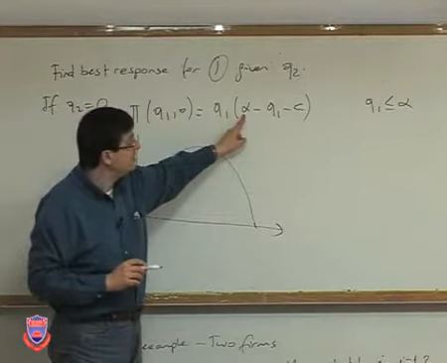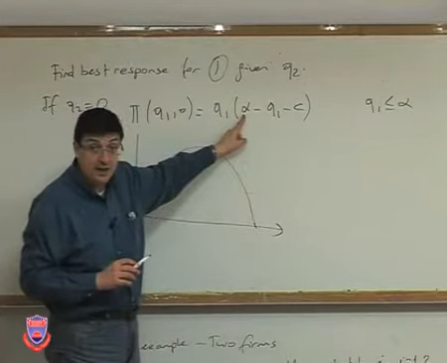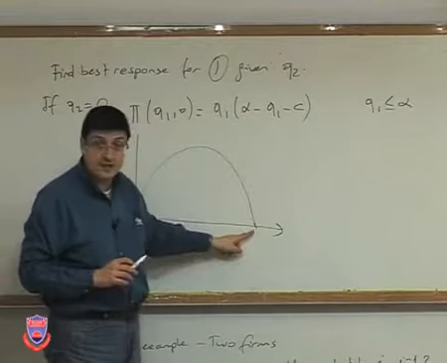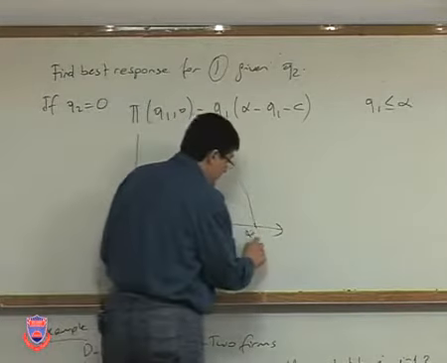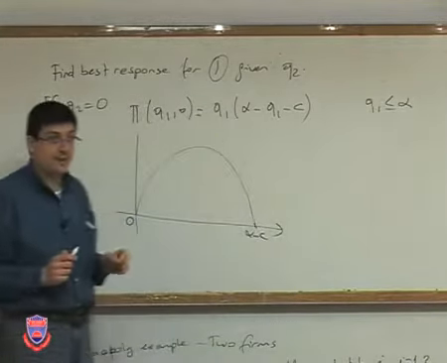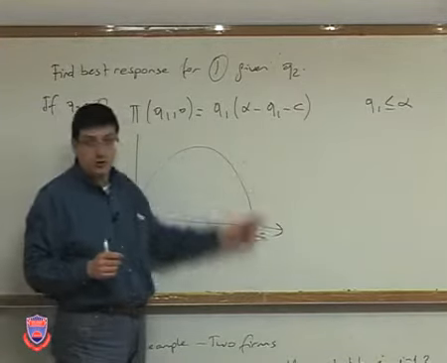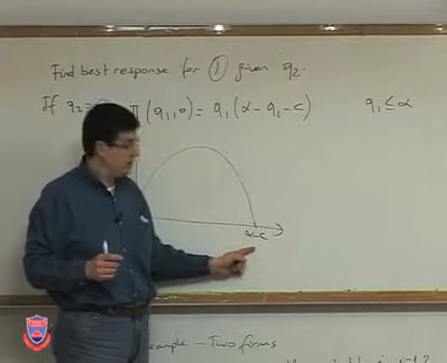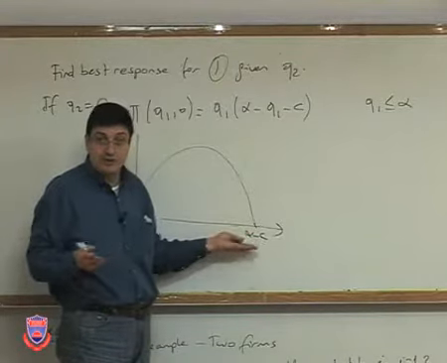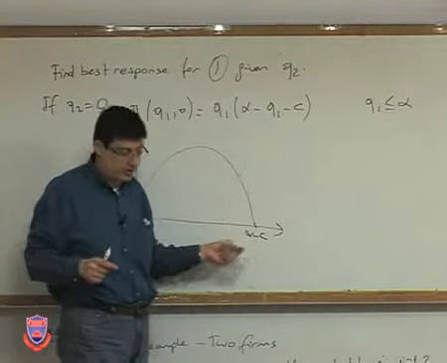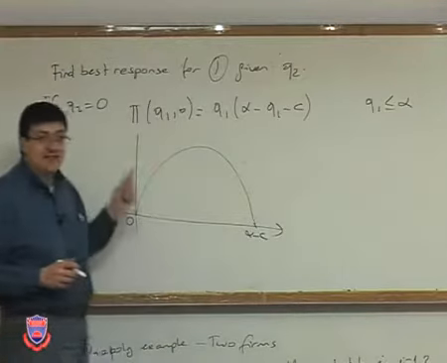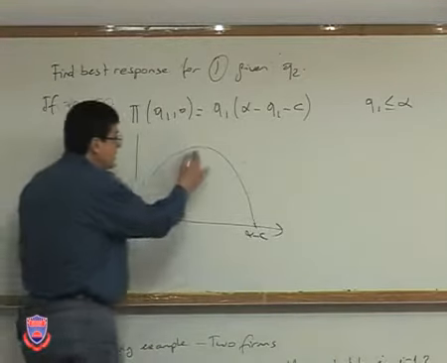When Q1 is equal to alpha minus C, okay, the profit is still going to be 0. So this is alpha minus C. Okay? In other words, if you overproduce, then the profit is going to be 0. So how can we optimize this? Can you see the optimal solution?